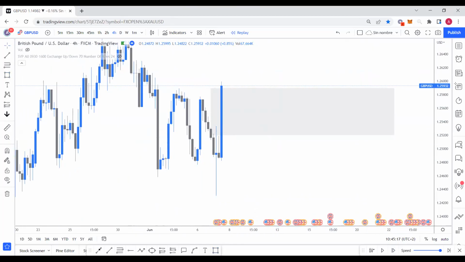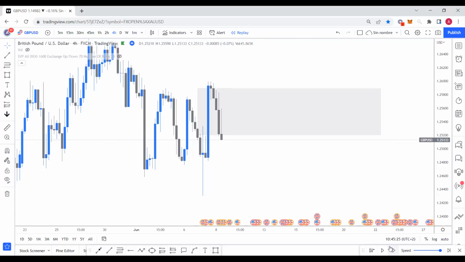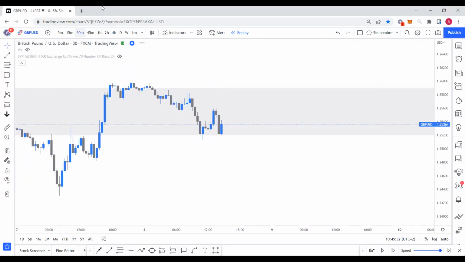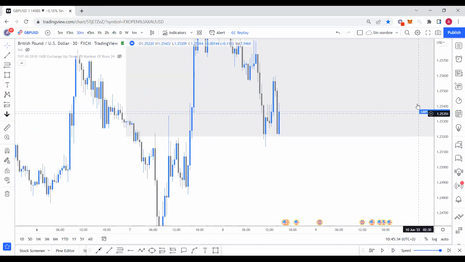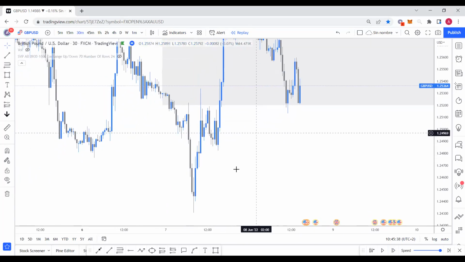Now it's starting New York session. Let's see the imbalance get filled. You will always see imbalances get filled. And here you would refine the zone again. In this case, we would not have gotten any entry.